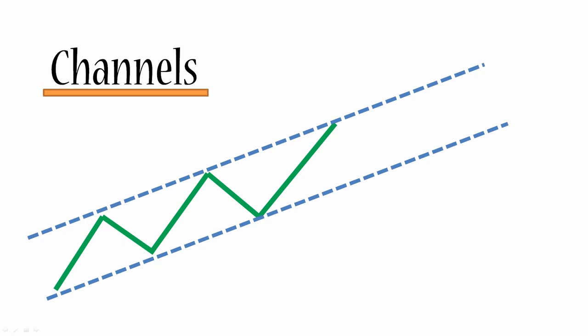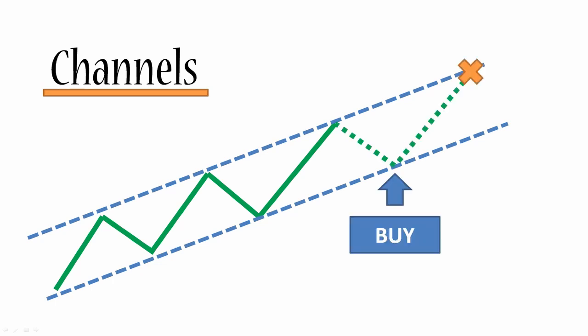We should always trade with the trend. And second, as you can see here, the downward movement is actually smaller than the upward movement. So in an upward channel, if you create sell orders, you will always earn less than if you create buy orders. So that's another reason why in an upward channel you should only trade buy orders.